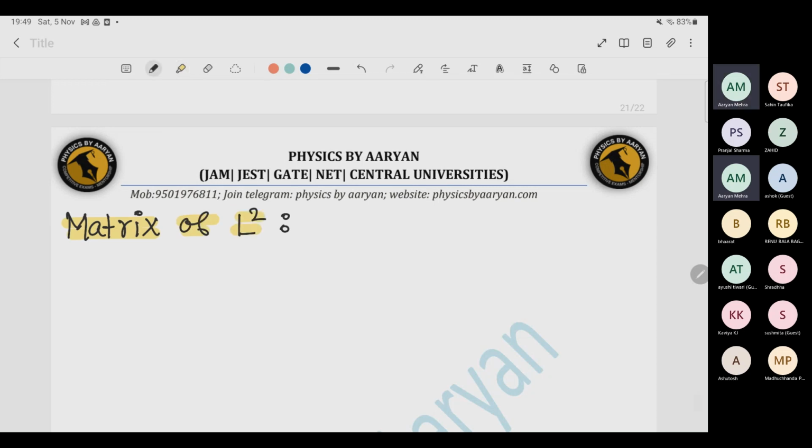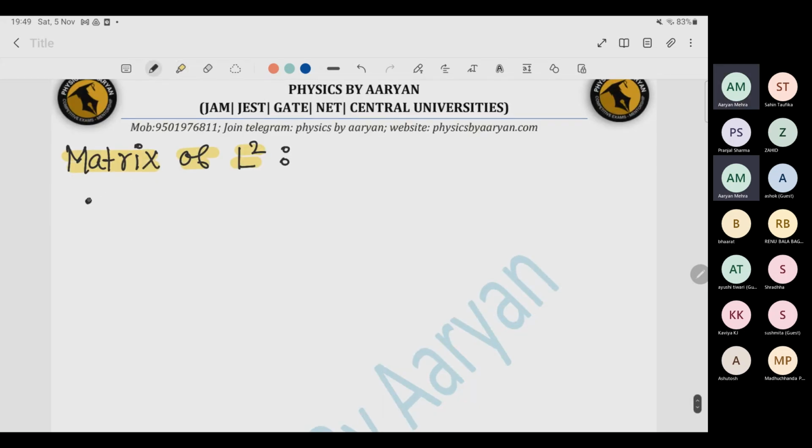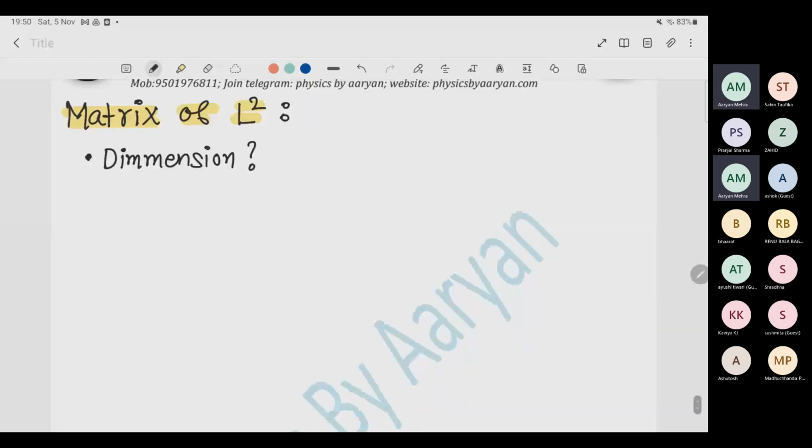Number one question which you should ask is, what is the dimension of this matrix? It is a square matrix, but 2 by 2, 3 by 3, 4 by 4, 5 by 5, what? That will depend upon what?